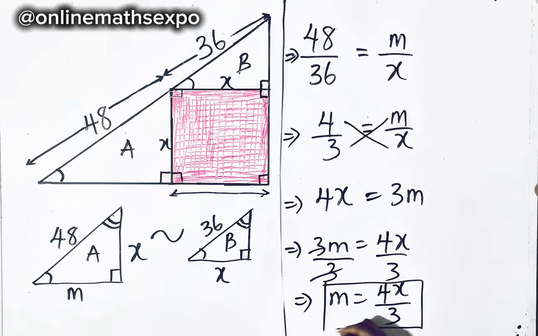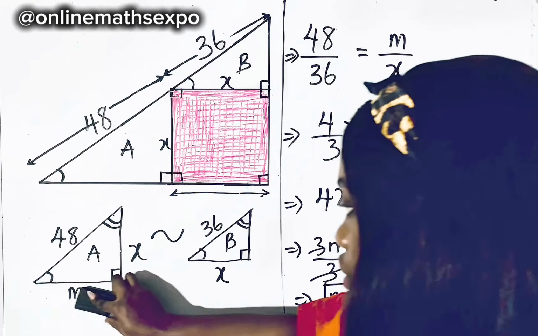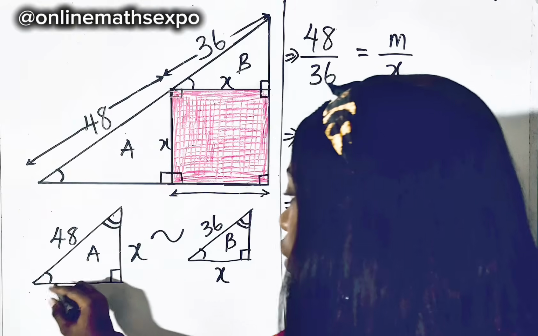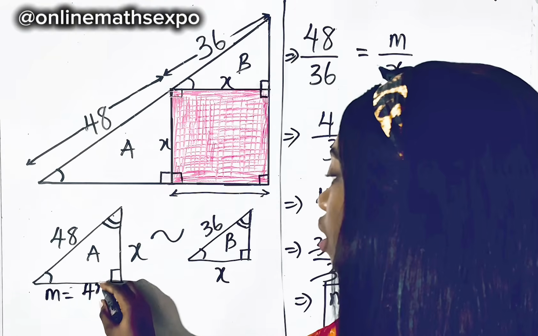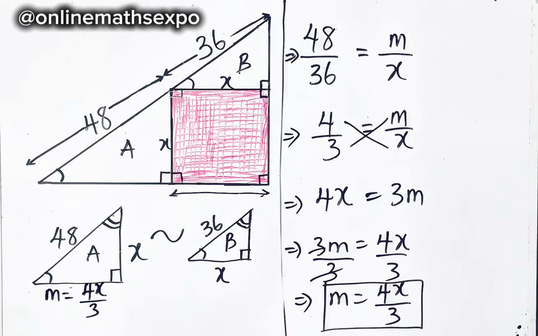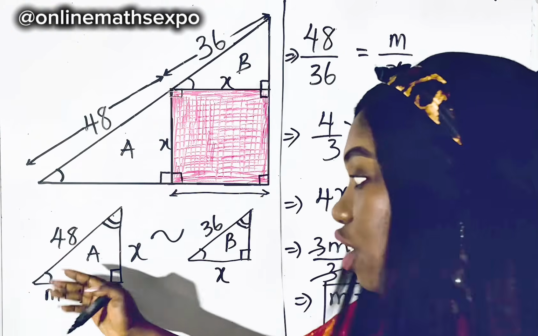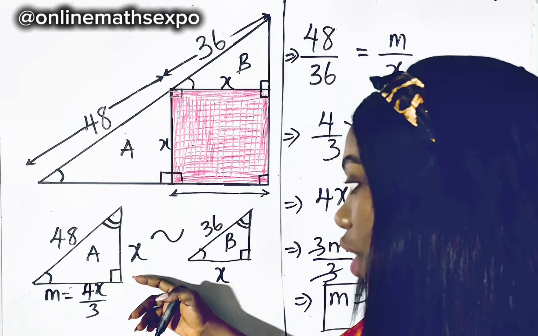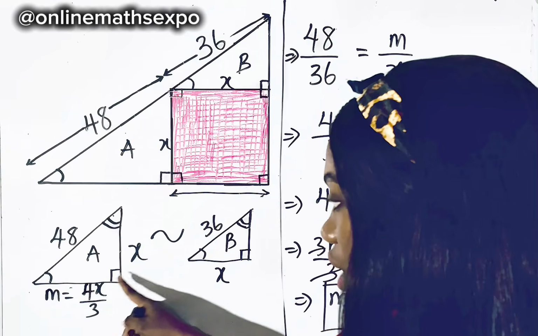Now that we have found this m, what should we do with it? Remember, your m is this part of this right triangle. So our m is given as 4x divided by 3. Now what do we do? At this point, we are free to work with this shape A, since you have seen that it is a right triangle, and we have been able to identify the 3 sides of this right triangle.